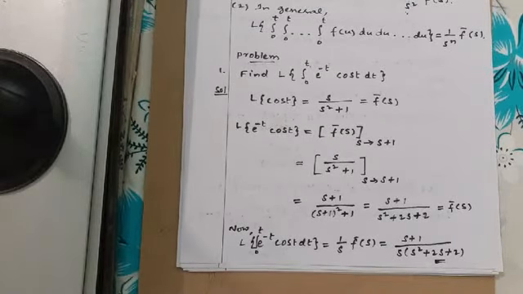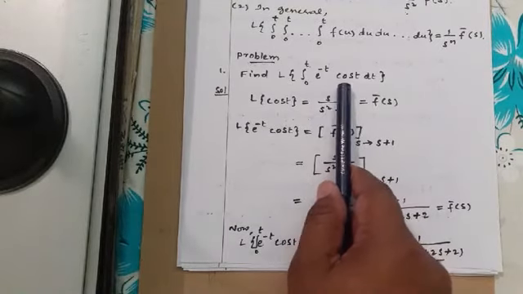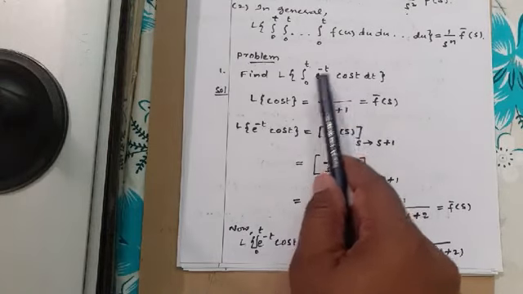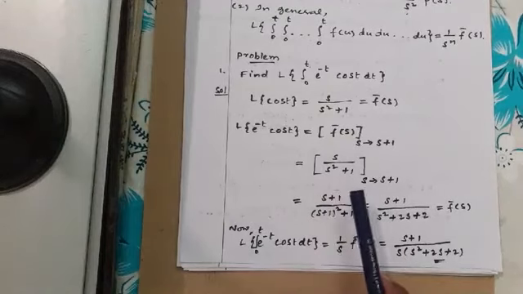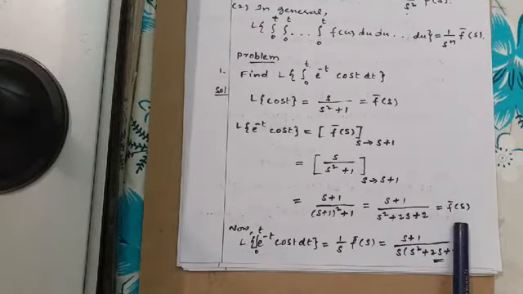First we have to see what is given. When it is given e power minus t cos t, we have solved it in the form of the first shifting theorem. Then whatever answer we got, we have taken as f bar s.